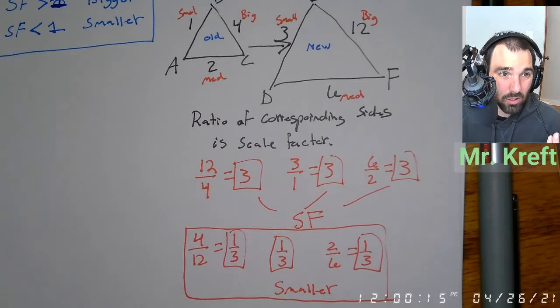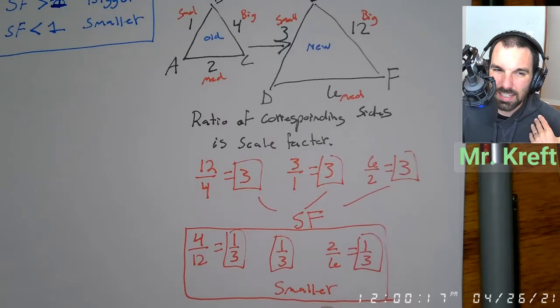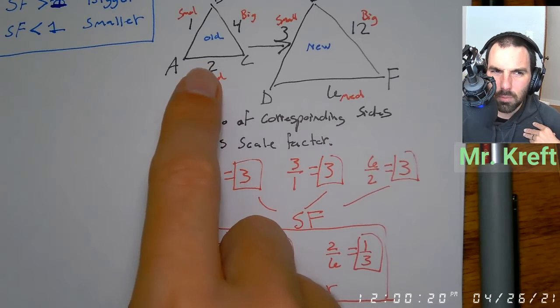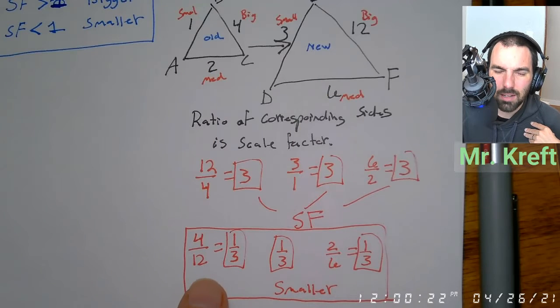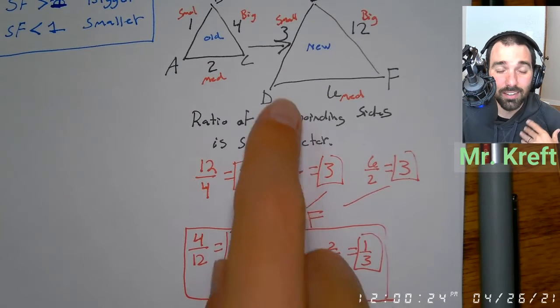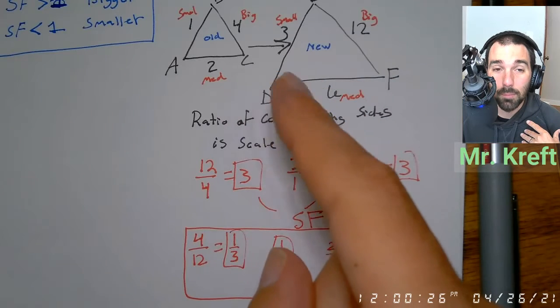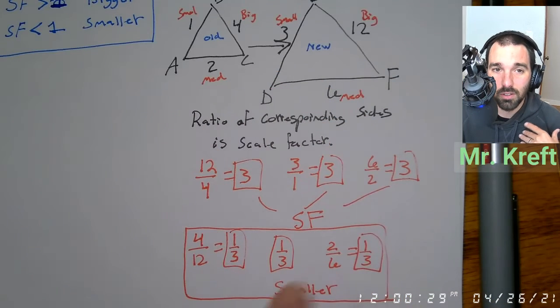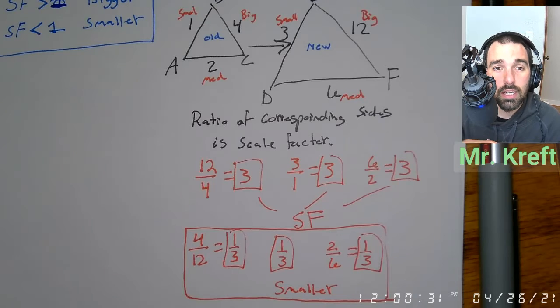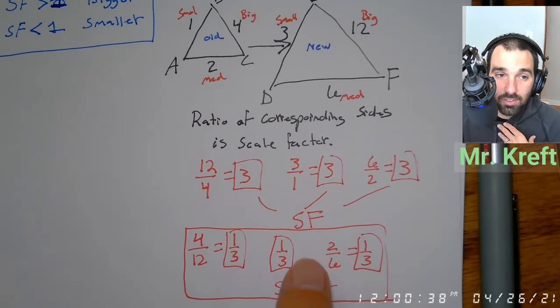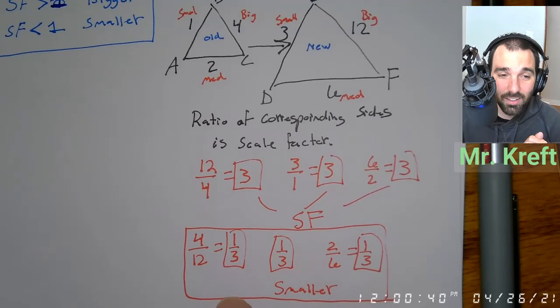But if you pick the wrong triangle on top, you can look at it and ask, does this make sense? To get from small to bigger, am I multiplying by 1/3? No, that doesn't make sense. That would make sense if I'm going from bigger to smaller; it would be 1/3 the size. So as long as you're consistently picking the same triangles on top and bottom, if you make a mistake about what goes where, just flip your answer at the end and you have the other direction. It's not a big deal.